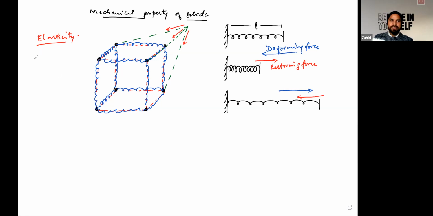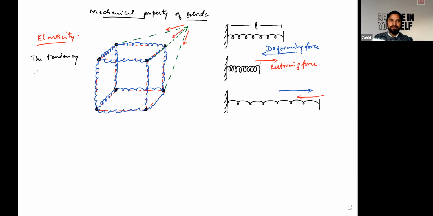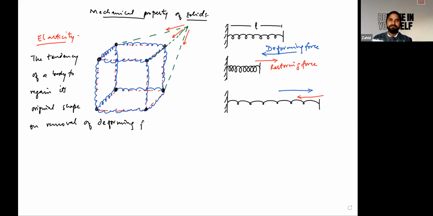So we can define elasticity as the tendency of a body to regain its original shape on removal of deforming force is called elasticity.